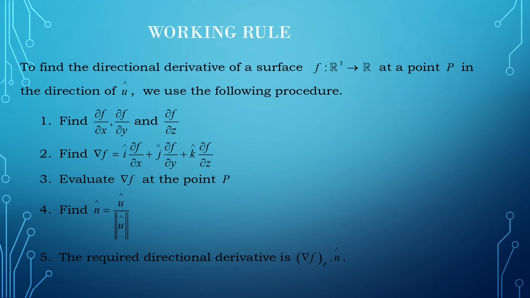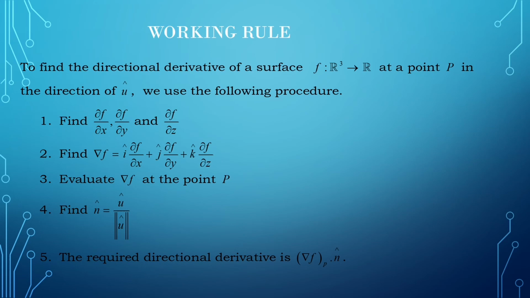While finding the directional derivative of a given scalar field f from R3 to R at a given point P in the direction of a given vector u cap, we follow this procedure. First, we find out the partial derivatives of the given scalar field, dou f by dou x, dou f by dou y and dou f by dou z.